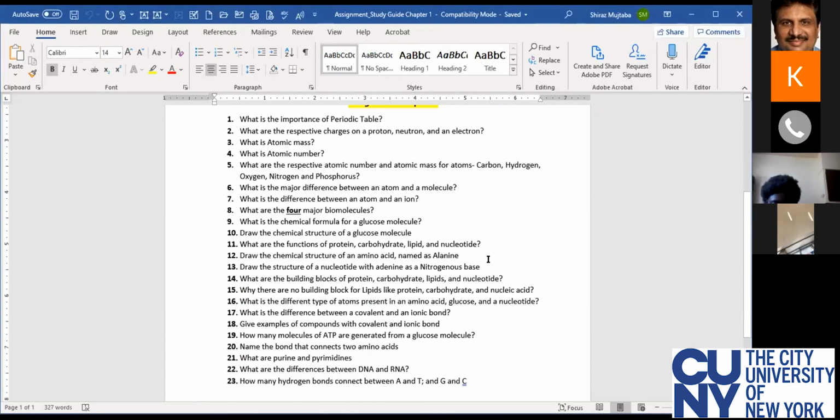Question number 8, what are the four major biomolecules?